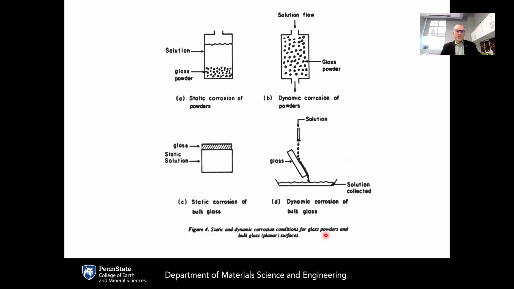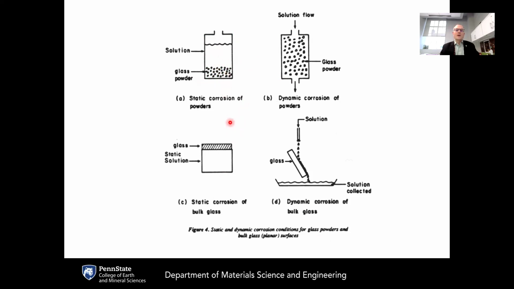So these figures show schematic diagrams of either a static corrosion experiment on the left or a dynamic corrosion experiment on the right. In a static corrosion experiment, this is done in a fixed volume of solution, where the glass powder or glass specimen is immersed in this constant amount of solution.